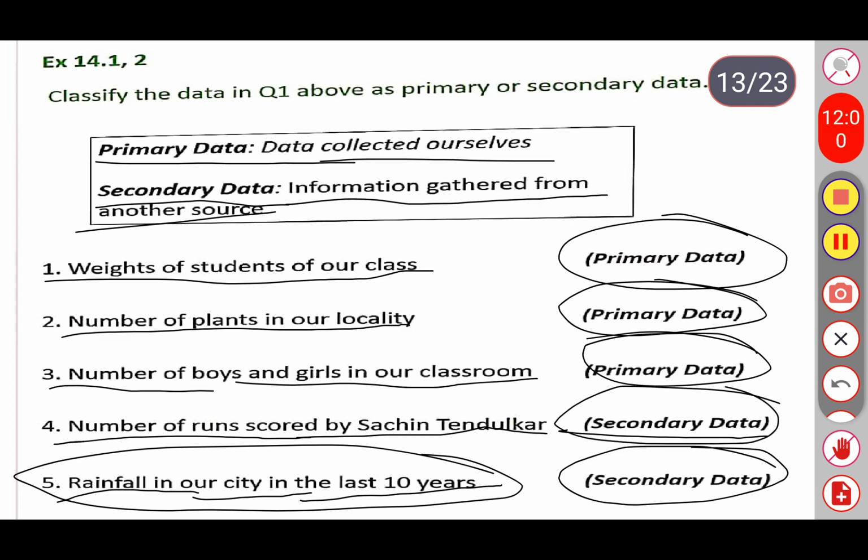First three examples belong to the primary type of data, and the fourth and fifth, the last two examples, belong to the secondary type of data, because these two data are collected from outside sources. Okay, so these are the first two questions from your exercise 14.1.